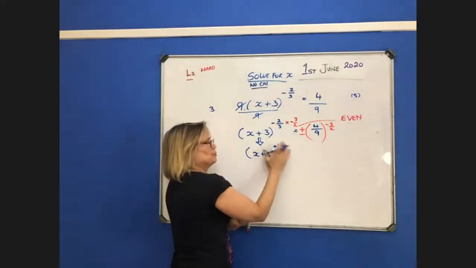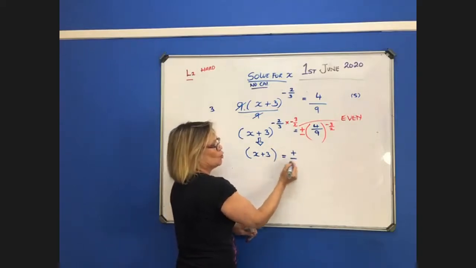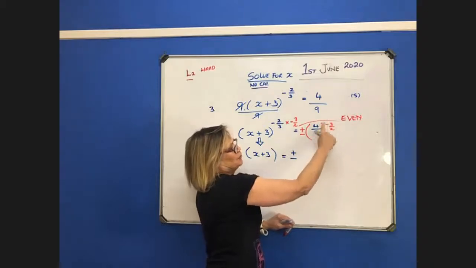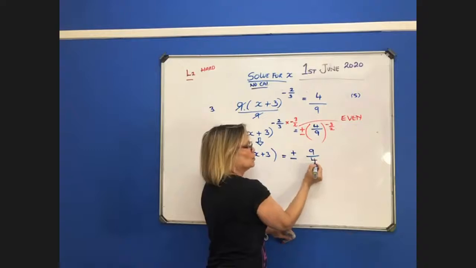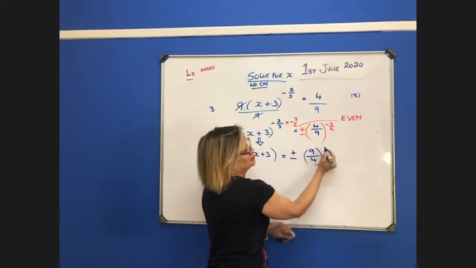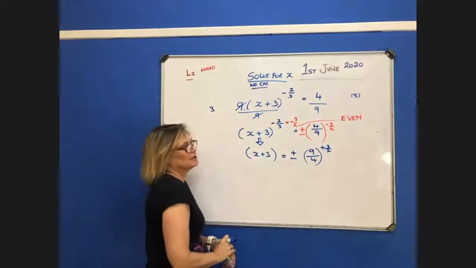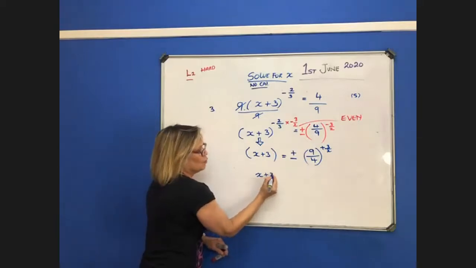So the bracket to the exponent of plus 1 equals plus or minus. Now what I would do, making that exponent positive, I would just flip my base upside down. So I've got 9 over 4. Now the exponent is positive 3 over 2. That's a big fat plus. Now, if you show the power, what is, okay.